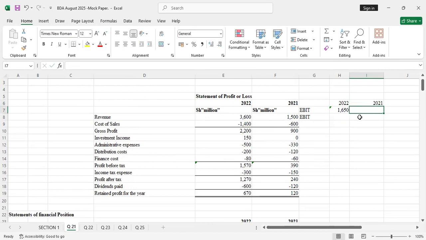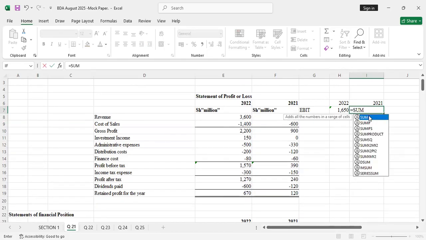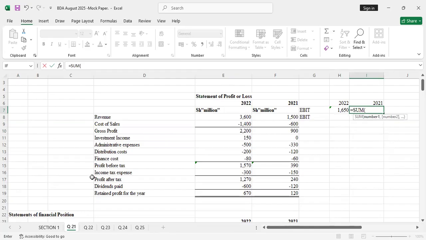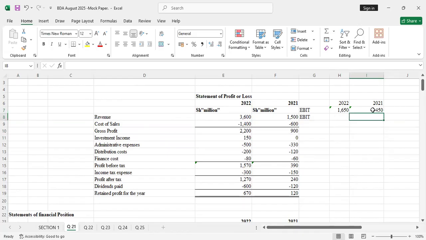I'll say equals to the sum, the same way, to get the earning before interest and tax, because that's what we are looking for. I'll sum from gross profit up to distribution costs. So put a bracket and enter. So we had 450 as the earning before interest and tax.